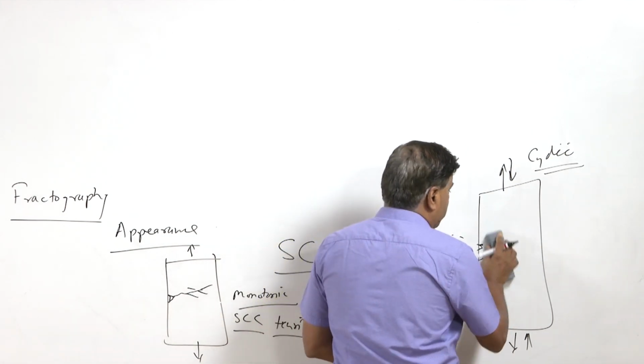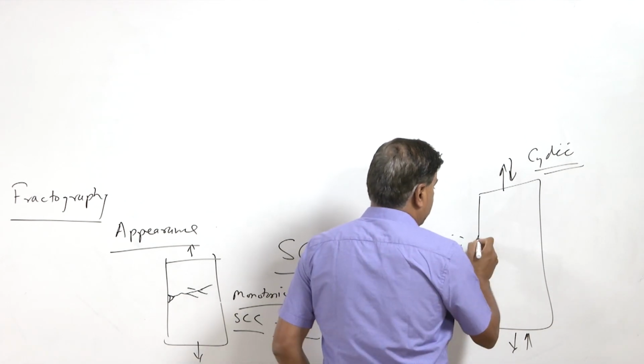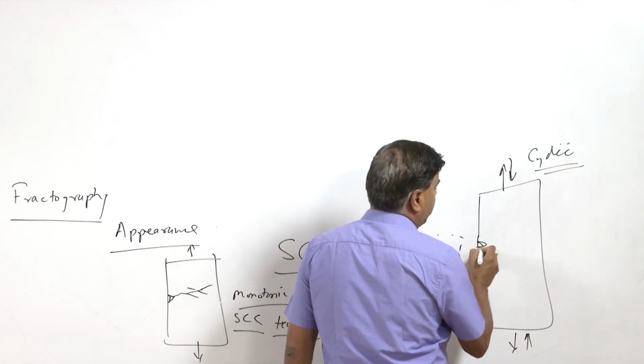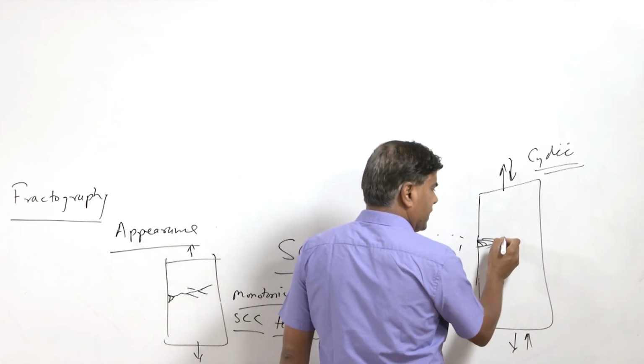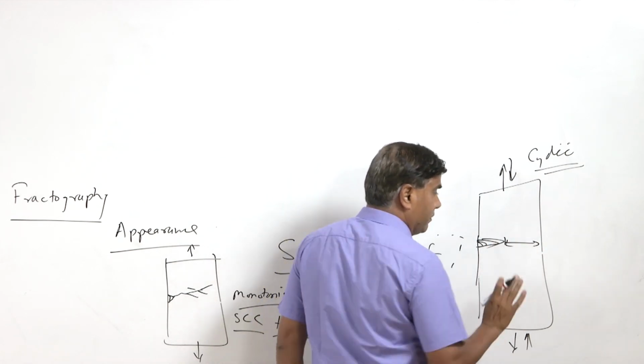That will depend upon the fracture toughness of the material. If it is a low fracture toughness material, the crack will grow only up to a certain extent, and then thereafter sudden fracture will take place.